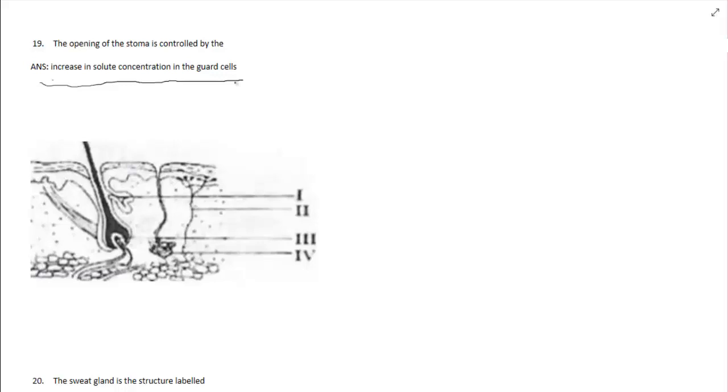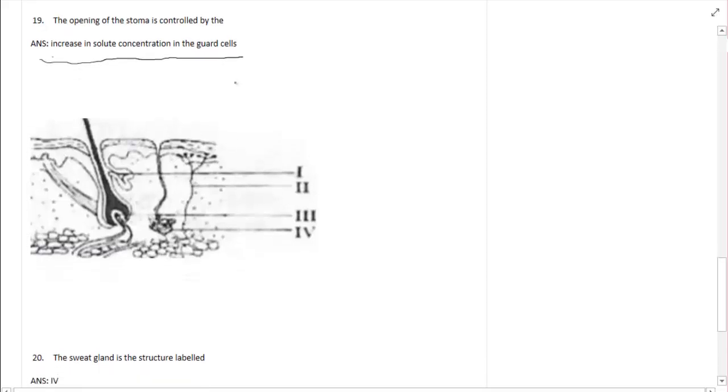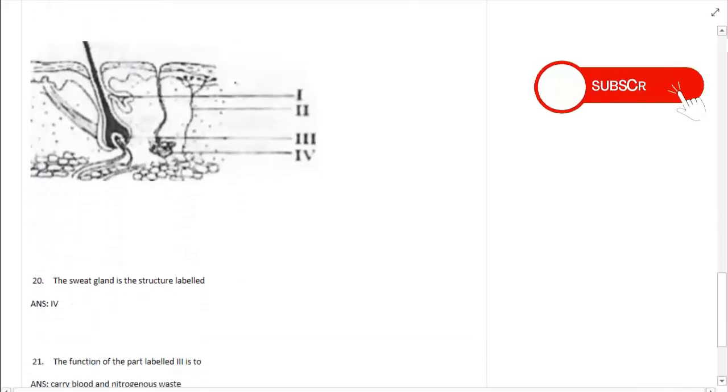So when the concentration is increased, the stomata tends to open. When the concentration is lowered, the stomata tends to close. So the answer to the question is increase in solute concentration in the guard cell.